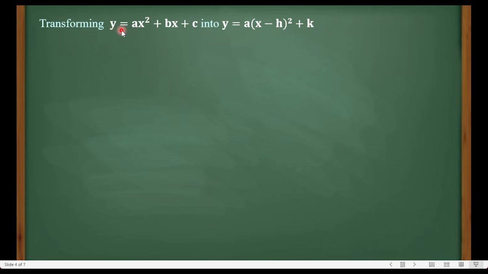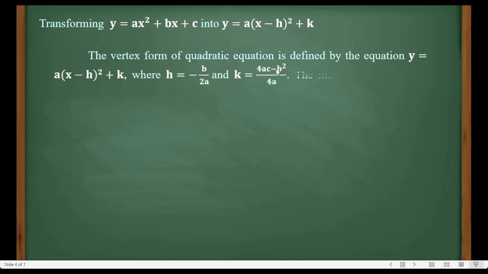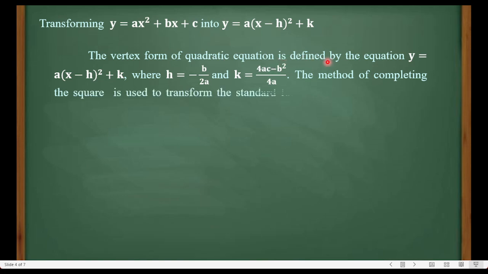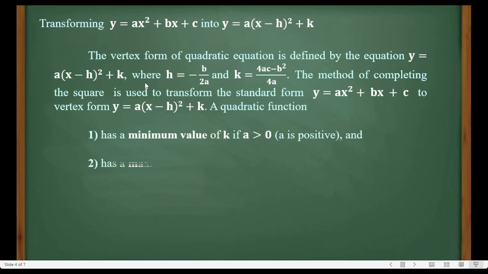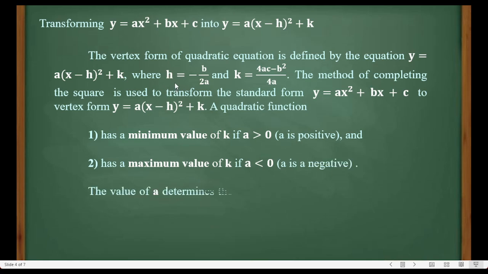Transforming y equals ax squared plus bx plus c to y equals a quantity x minus h squared plus k. The vertex form of quadratic equation or function is defined by the equation y equals a quantity x minus h squared plus k, where h can be expressed as the negative ratio of b to 2a, and k can be expressed as 4ac minus b squared all over 4a.